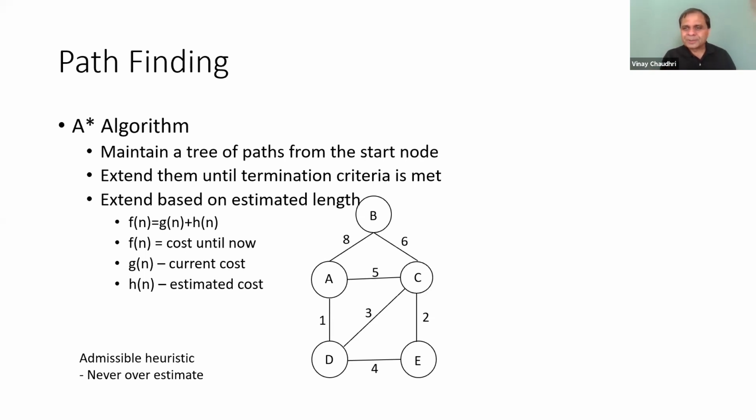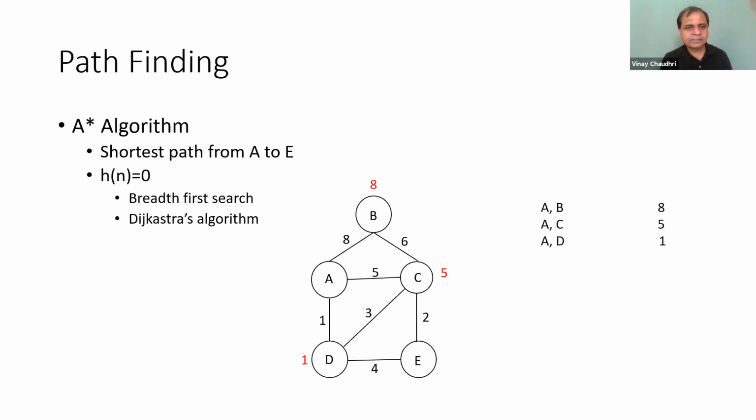Because of the heuristic nature of this algorithm, there is a ton of work on it, and there have been books written on just search algorithms or A-star type algorithms. But for our discussion here, I'm going to illustrate the working of the algorithm using a very simple case where we assume that our heuristic is simply 0.